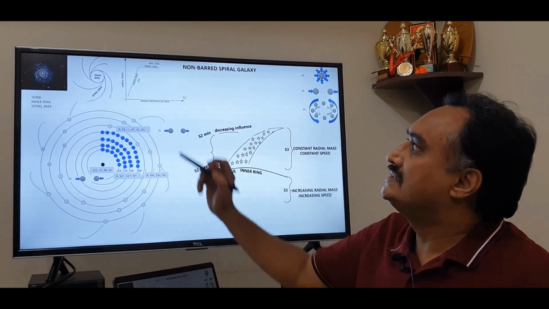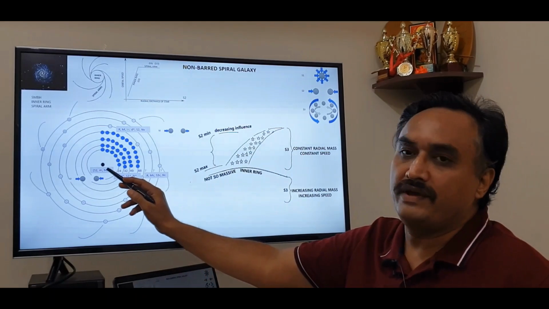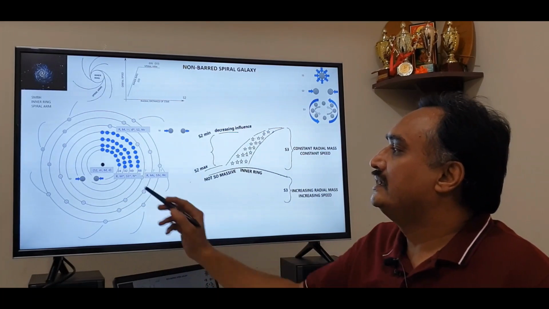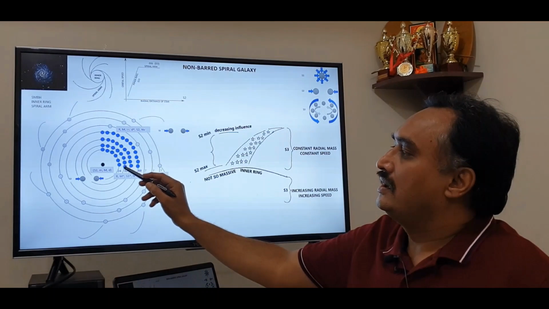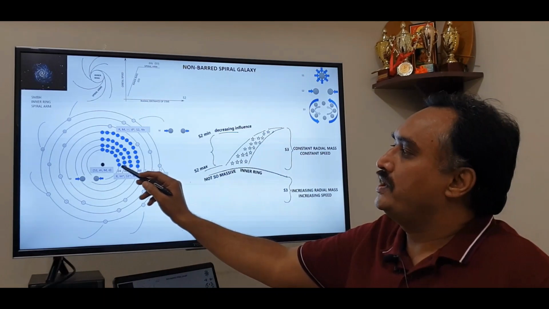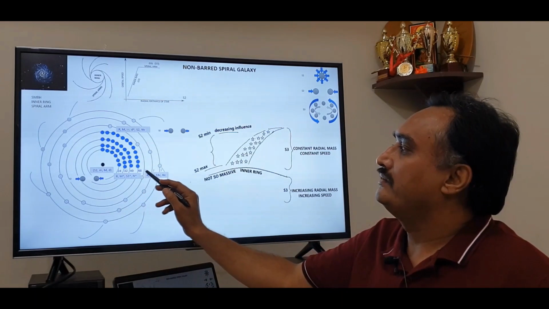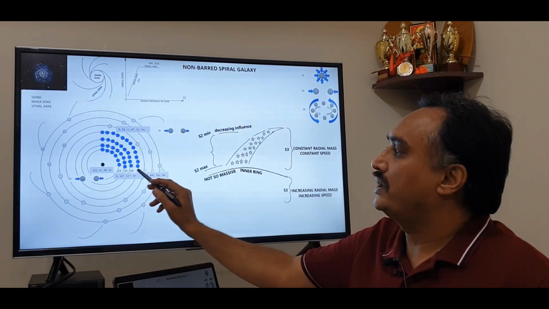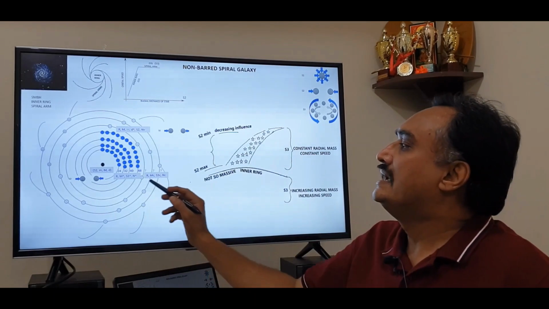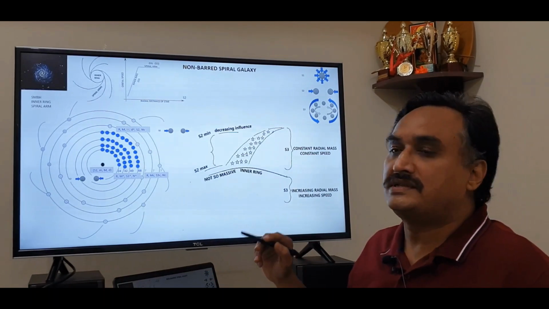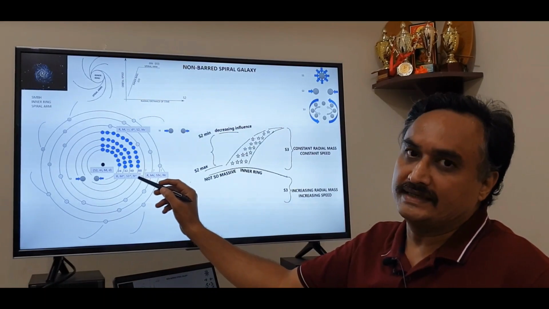So let us first consider what is happening to the inner ring. In the inner ring, as you move away from the center of the galaxy, as the radius increases, the cumulative mass corresponding to that particular circumference also increases. As you move away from here, you can see 24, 32, 40, 48. The cumulative mass in that particular circumference increases, and hence S3, which is directly proportional to the mass of the system that it is acting on, also increases.